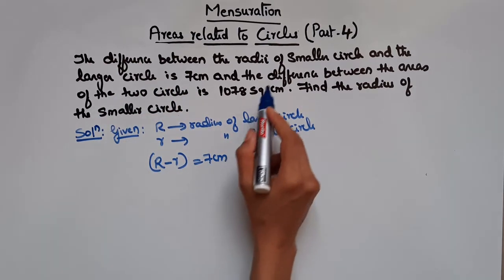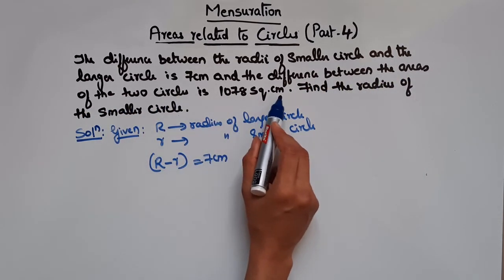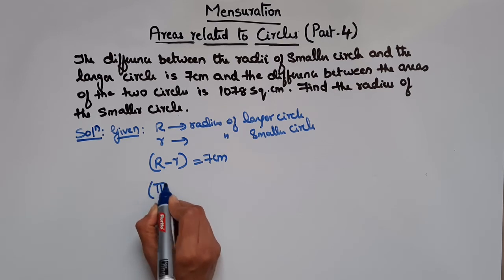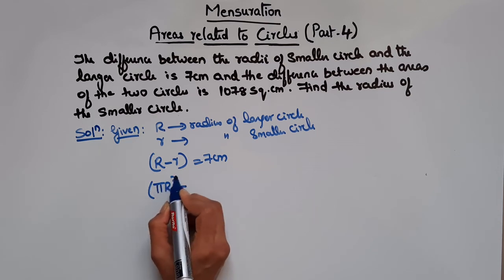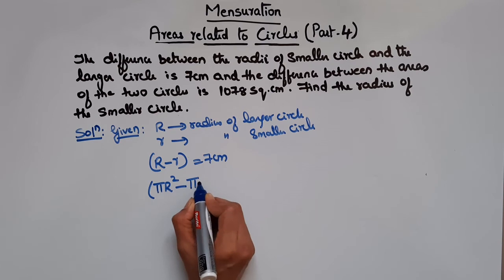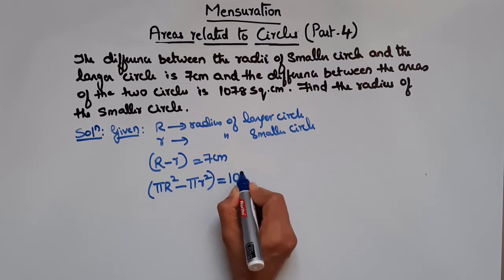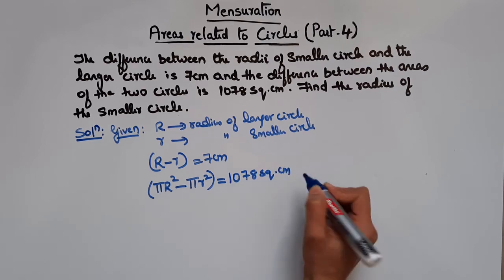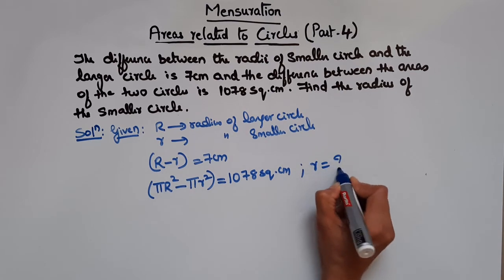And the difference between the areas of the two circles is 1078 square centimeter. We know the area of the bigger circle is pi R square, minus the area of the smaller circle, which is pi r square. So their difference is 1078 square centimeter. So here our aim is to find the radius of the smaller circle, that means small r.